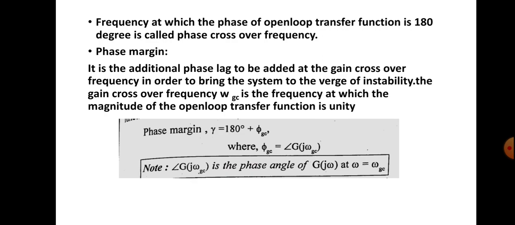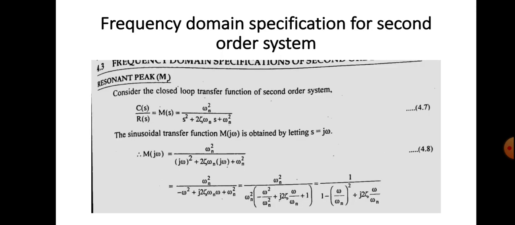The gain crossover frequency, denoted by omega gc, is the frequency at which the magnitude of the open loop transfer function is unity, whereas the phase crossover frequency is where the phase is 180 degrees. Phase margin gamma is obtained by gamma equals 180 degrees plus phi gc, where phi gc is the angle of G(j omega gc), the phase angle of G(j omega) at omega equal to omega gc.